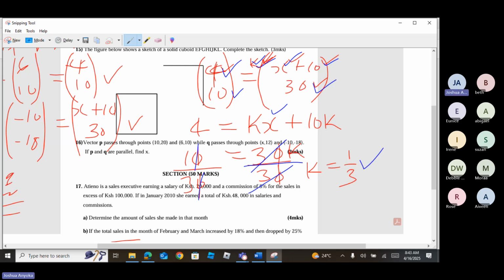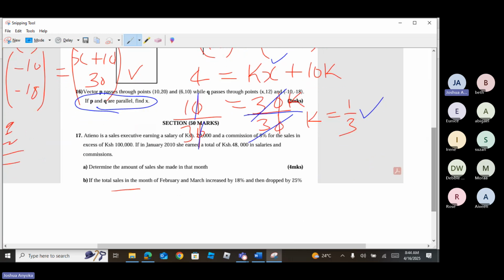Are we in agreement? K is a third. Yes, because we are told the two vectors are parallel. So it means the values of k must be equal, must be the same.